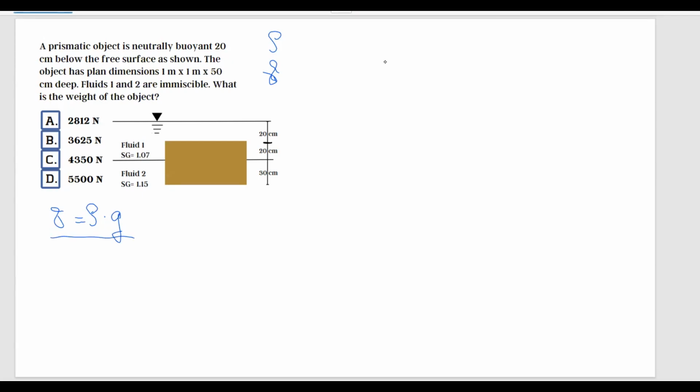So if we work with densities, it might be easier, because the density of water is 1,000 kilograms per meter cubed. Or we can work with the unit weight of water, which is given in the FE Handbook, and I'm going to show you where you can find it.